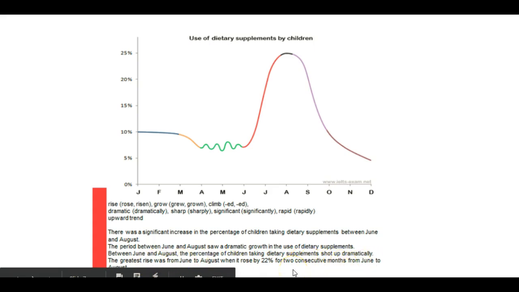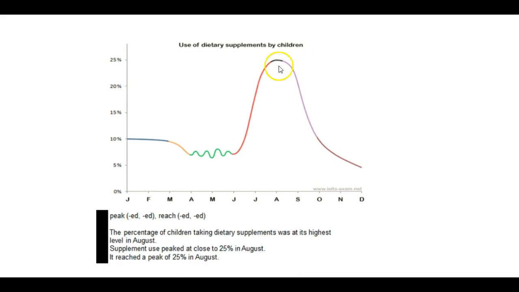So you can also do some mathematics while describing the information on the line graph. This spot here, which looks like a top of a mountain, is called a peak. As a noun, it's called a peak, or you can say the use of dietary supplements by children peaked at, and then describe the percentage, approximately 25%.